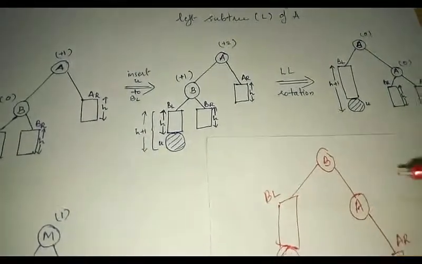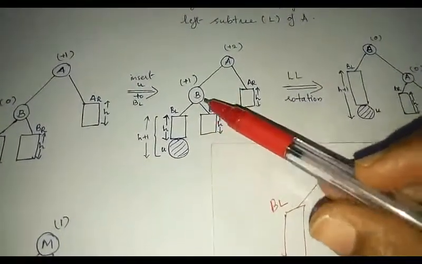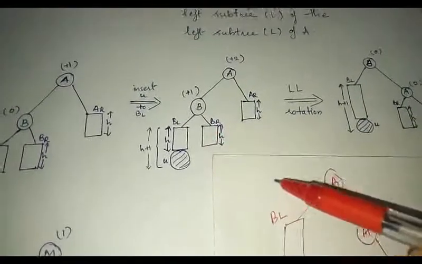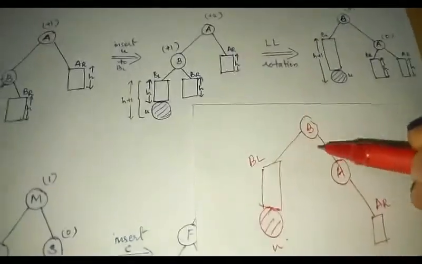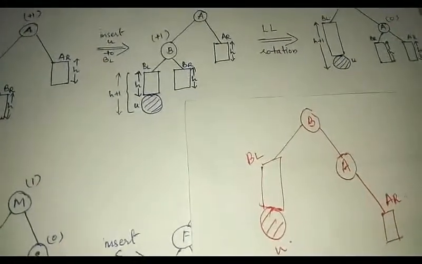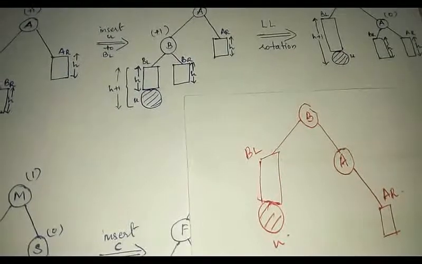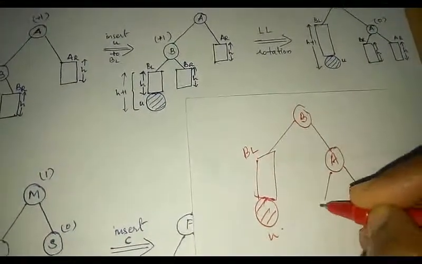Okay, now we can see that the subtree BR doesn't have a place to be accommodated with B. So the only space vacant here is the left side of A. So BR will be attached to the left of A. BR comes here.